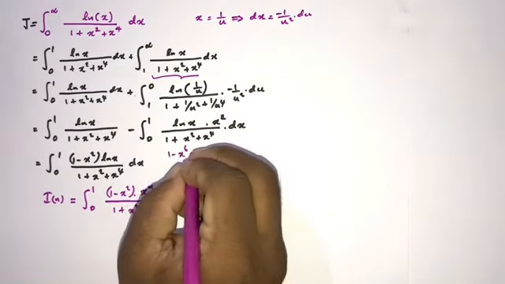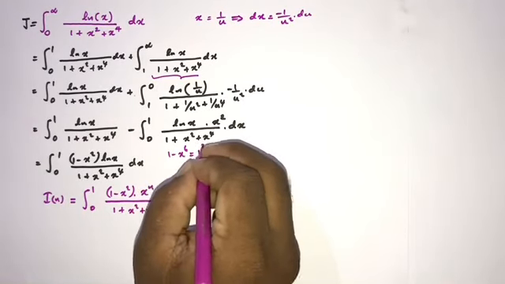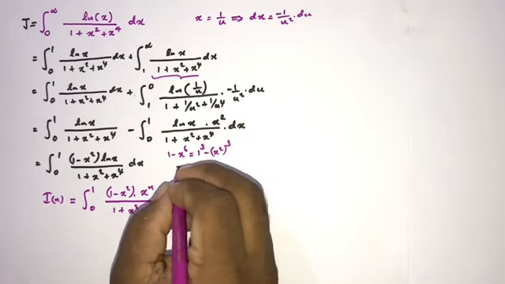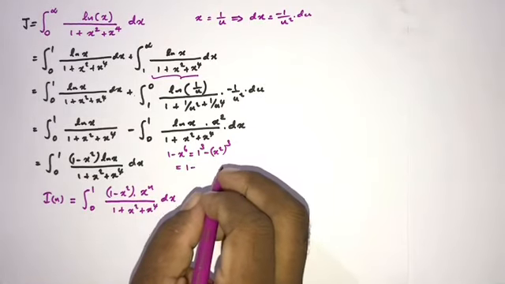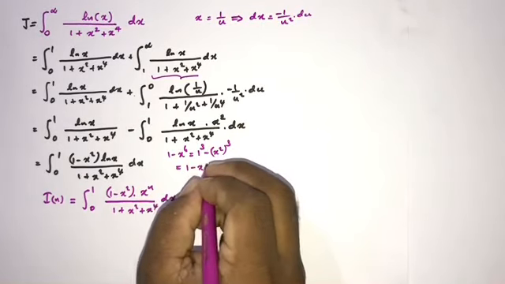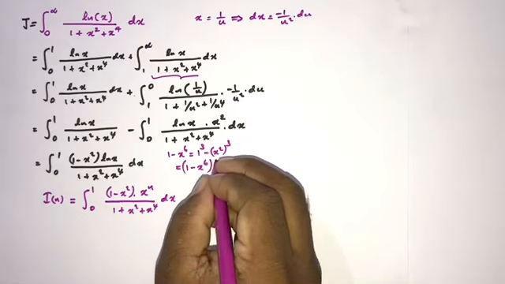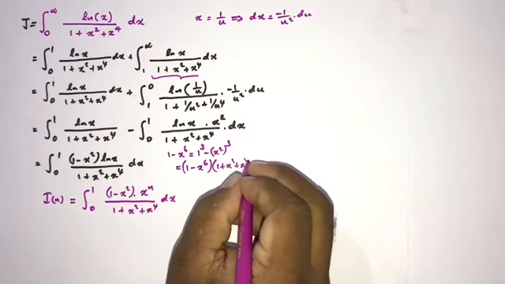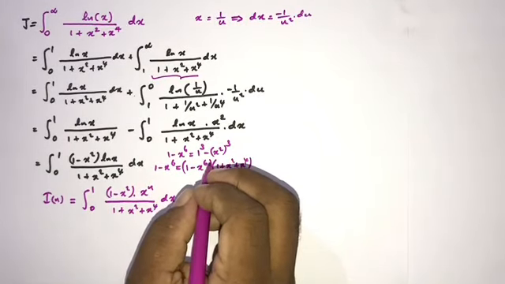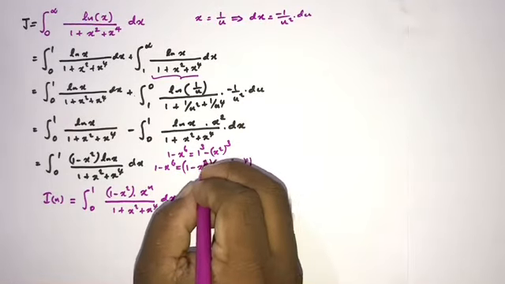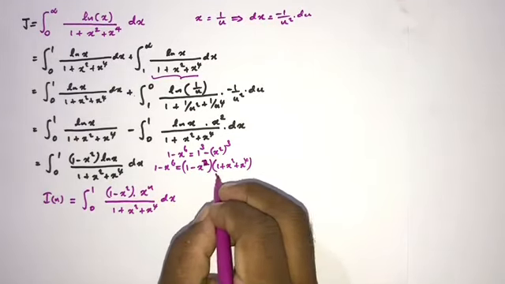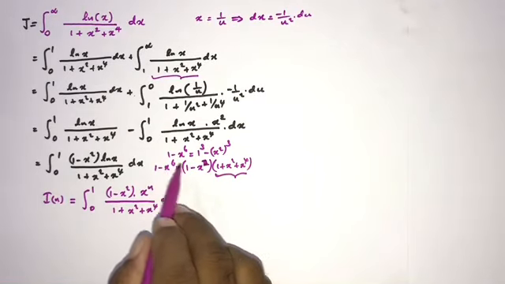We know we can write this as 1 cubed minus x square cubed. Then the difference of two cubes is equal to 1 minus x square times 1 plus x square plus x to the 4th power, where x square raised to the 3 power is x to the 6 power. So instead of this part we can write 1 minus x to the 6th power over 1 minus x square.